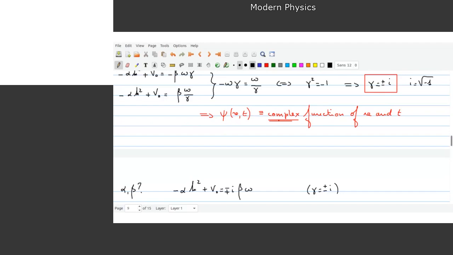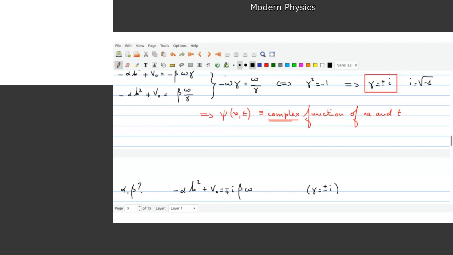In the real world, the world we live in, with existing particles and things like that, what we can measure to characterize the behavior of a particle are real quantities, in the mathematical sense.